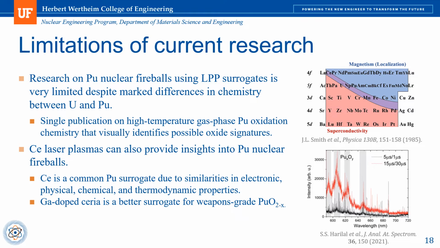They visually identified possible plutonium oxide formation, but cerium laser plasmas could provide a lot of insight into plutonium nuclear fireballs. Cerium is a common plutonium surrogate due to similarities in electronic, physical, chemical, and thermodynamic properties, as well as gallium-doped ceria is a better surrogate for weapons-grade plutonium.